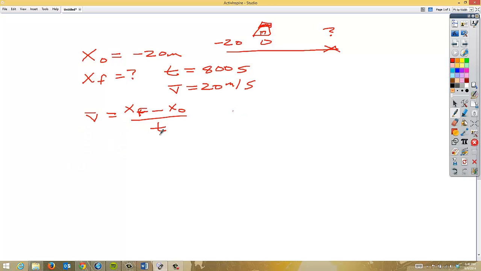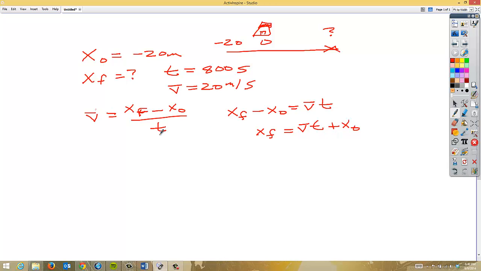You could also, if you wanted to, solve this for XF minus XO, and that will be equal to your average velocity times time, and then your final position comes out to V times T plus XO. So that's the equation that we're pretty much used to when we do our graphs.